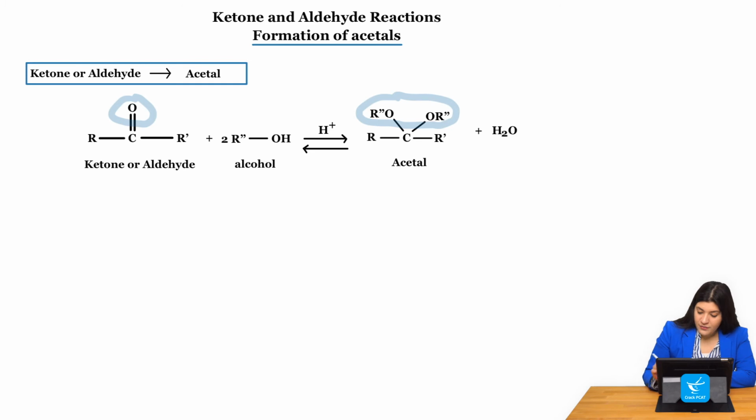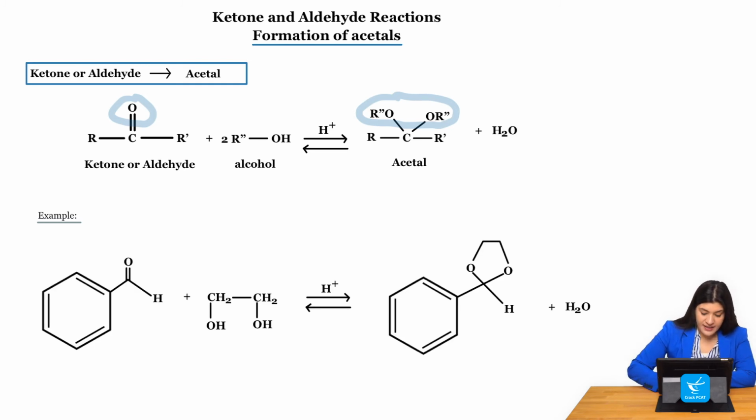For example, it could look something like this, where I have two alcohols in this case, or a diol, and I see that this is going to go away, and then this is going to form something like this. We will go over what this would look like, but it is that OR group, where that OR group in this case is the CH2, which this is a CH2, and this is also a CH2. That's how that's attaching on.